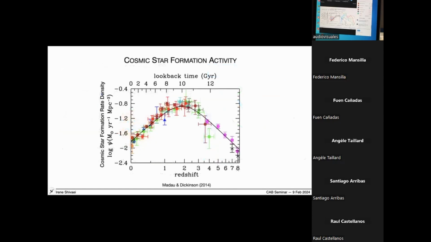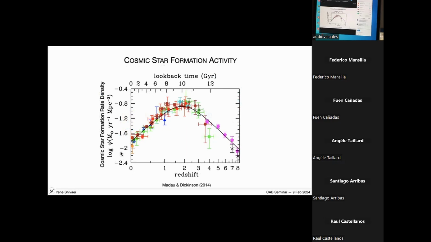And to put this into the context of the cosmic star formation activity, this is the famous cosmic star formation rate density evolution of the universe. We know that the star formation activity content of the universe reached a peak around redshift 2. You can also see the look back time on the top panel, and then declined to our current universe.